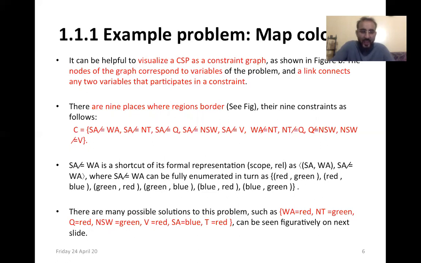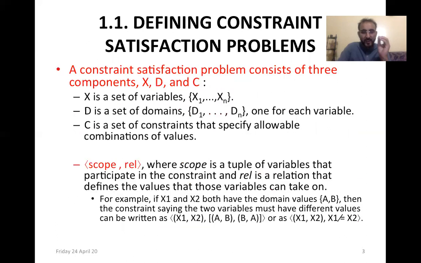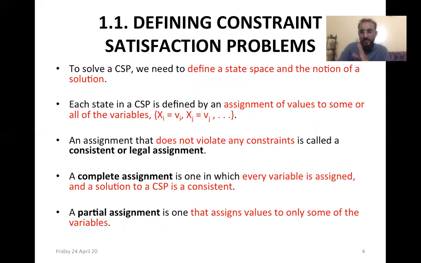So SA not equal to VAR, we know that it's not a different thing. It's a short notation that we already studied on this slide, scope comma rel. This is something very formal, and this is something very informal and very close to the mathematics. Anyhow, this is not an issue.